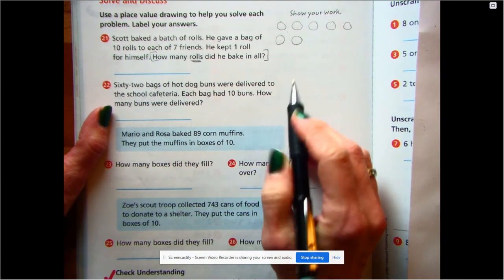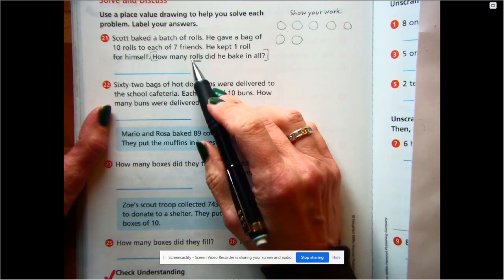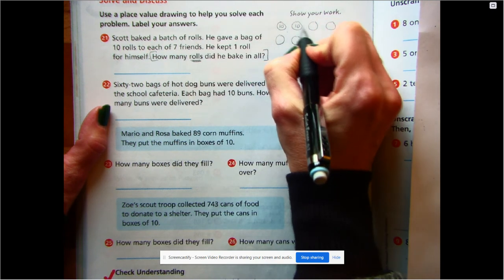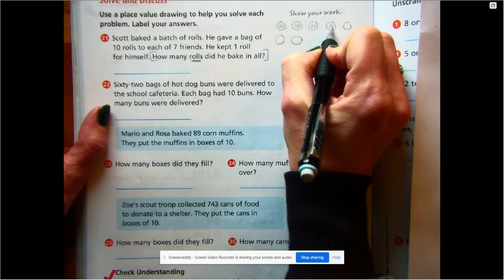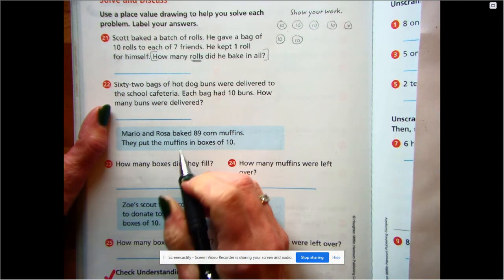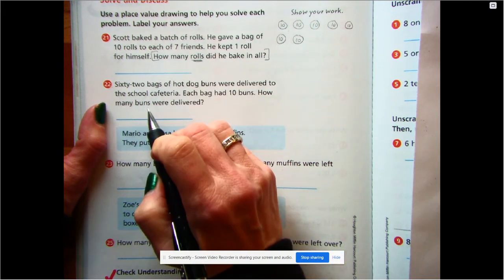There's his 7 friends. Each of them got a bag that had 10 rolls. So there's 10 in every bag.